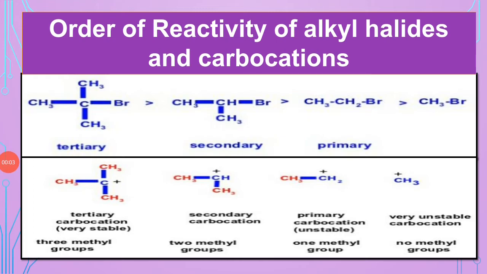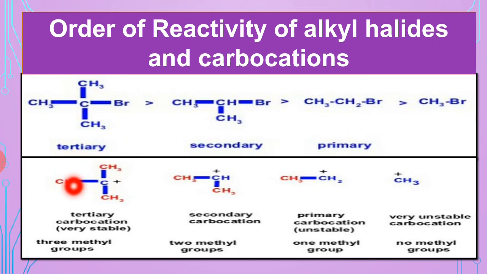The order of reactivity of SN1 reactions depends on the stability of the carbocation intermediate that is formed during the nucleophilic substitution reaction. Pi bonds and bulky alkyl groups increase the stability of the carbocation. Why?